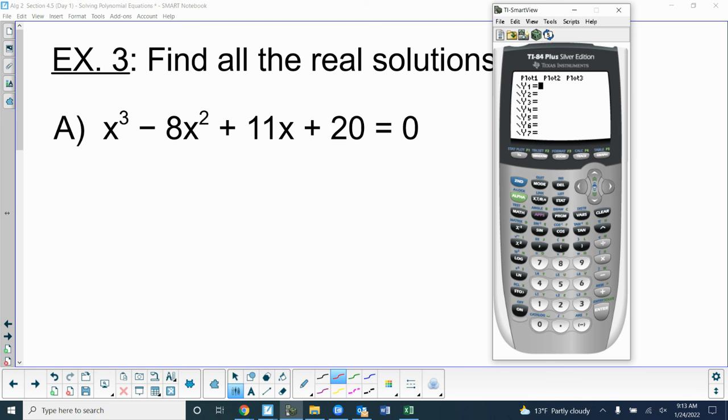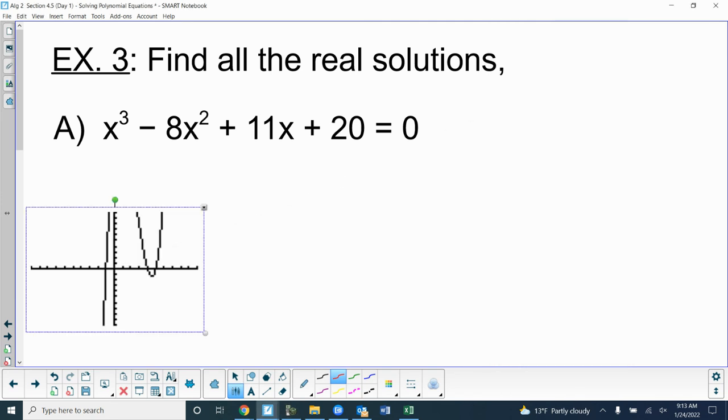Just put it in your calculator and look to see where it crosses your x-axis. Okay, how many am I expecting since it's a degree of 3? 3. Okay? So here's my 3 zeros. Here looks like -1, 1, 2, 3. That looks like a 4, and that looks like a 5.